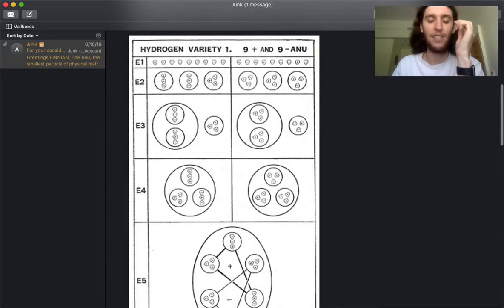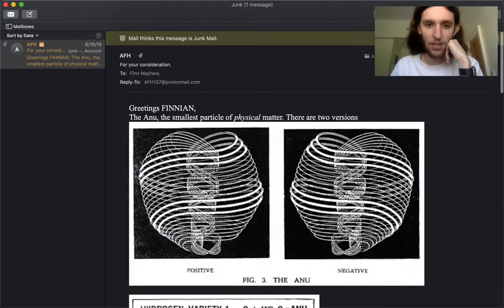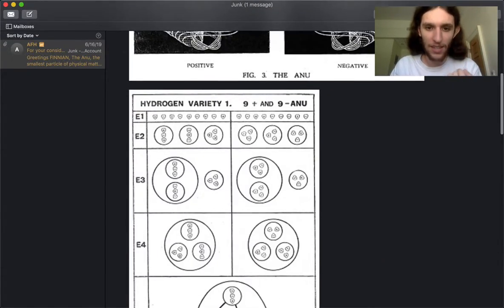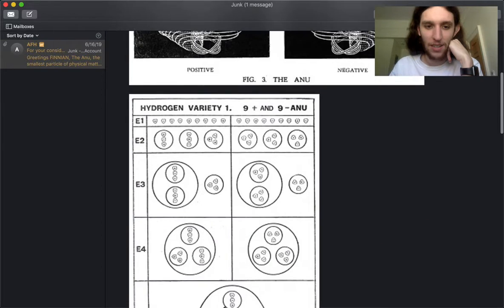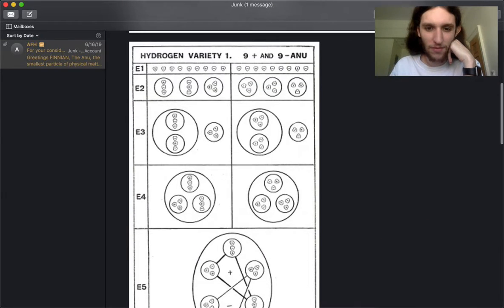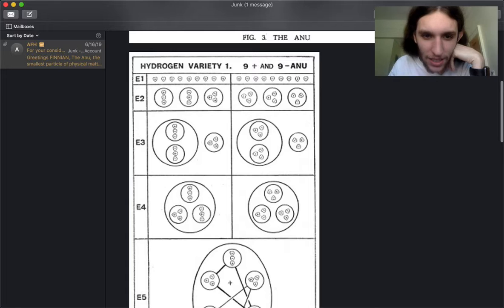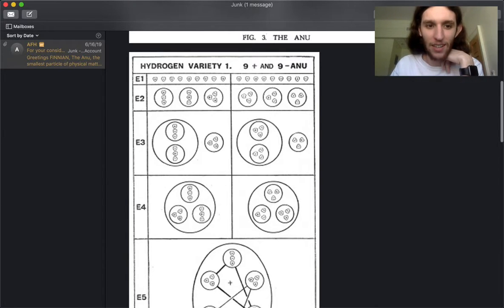They always use hydrogen as the example for that in physics textbooks because it's the best understood. I was thinking ANU might be an acronym for something, because it's all caps here, but it's not all caps here, so I don't think it is. Interestingly, the negative variety has a different looking energy level configuration than the positive variety.